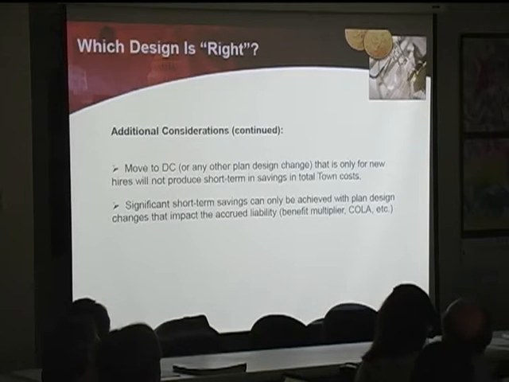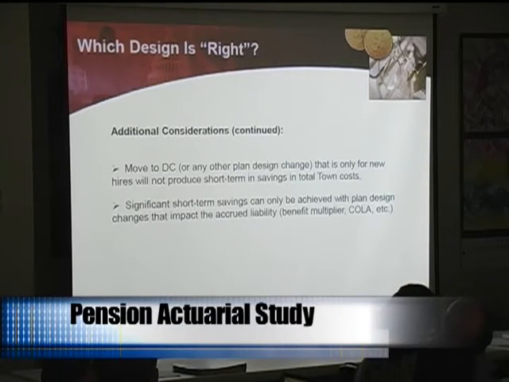Some final considerations I think it's important to point out, and we've alluded to this already: any move to DC or any other design, it might just be a pared down DB plan, if it only applies to new hires, then there's not going to be a lot of short-term savings. Because one of the big drivers, obviously the increase in the ARC, as we discussed, is unfunded accrued liability.